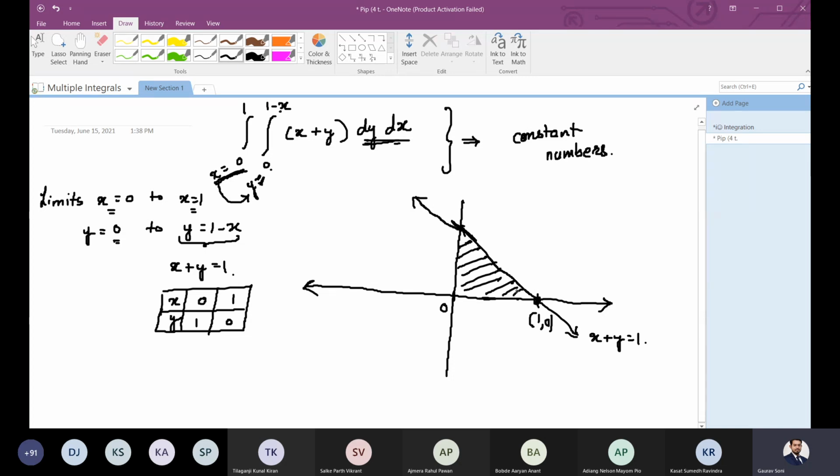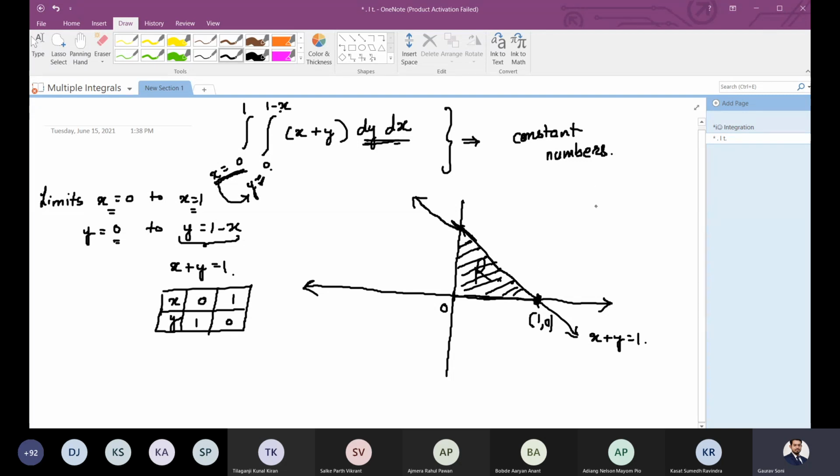You can see that both the conditions are satisfied in this region. What is your x? x is running from 0 to x equal to 1. What is the value of y? y goes from y equal to 0 to this line, y equal to 1 minus x. If anyone has any difficulty in this, please ask right now, because this technique will be used in almost every example. In double integration, you integrate over a region.